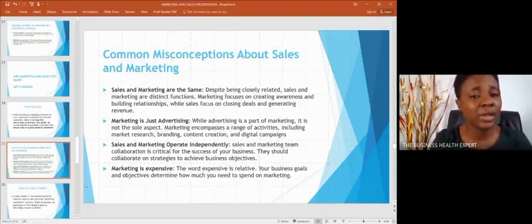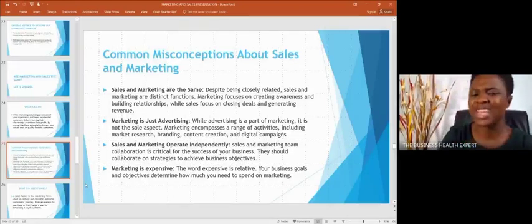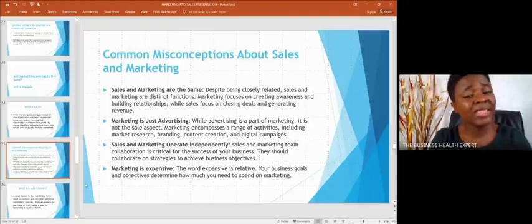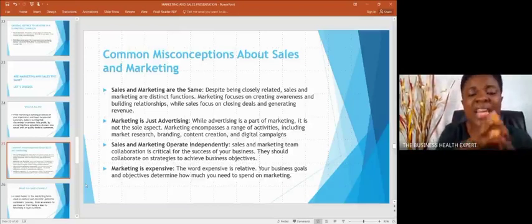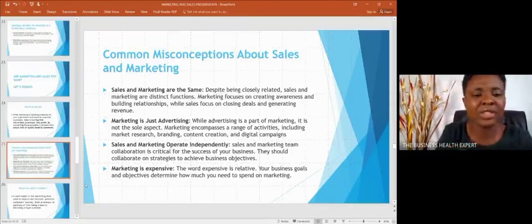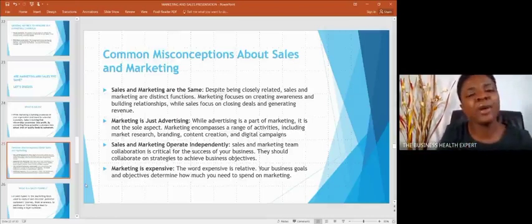Another misconception about sales and marketing is that marketing is just advertising. While advertising is a part of marketing, it is not the only part. Marketing encompasses a range of activities, including market research. Those are the places where the elements of marketing will come into play. Branding, how you present yourself. Remember, you brand yourself based on your target customers.